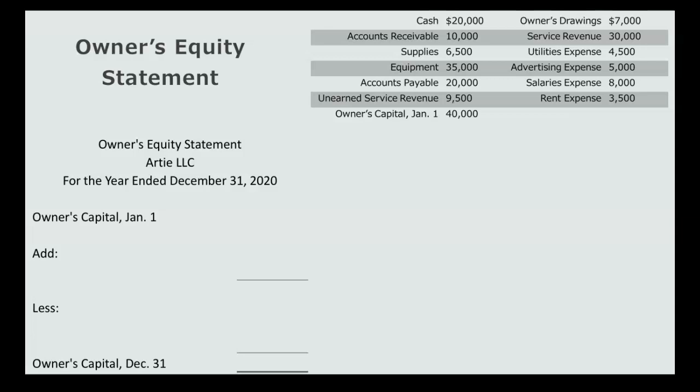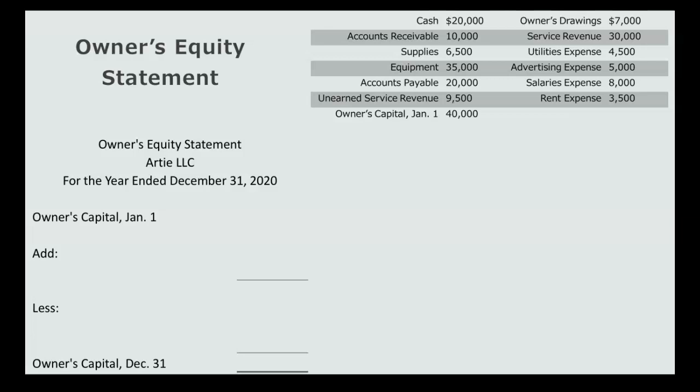So you can either have a net income under the add category or a net loss under the less category. You're not going to have both, right? Because we're either making money or we're losing money. But those are all the pieces that can go in an owner's equity statement. And then we do all the math, and that will leave us with our owner's capital on December 31st, or our ending owner's capital like we were talking about earlier.